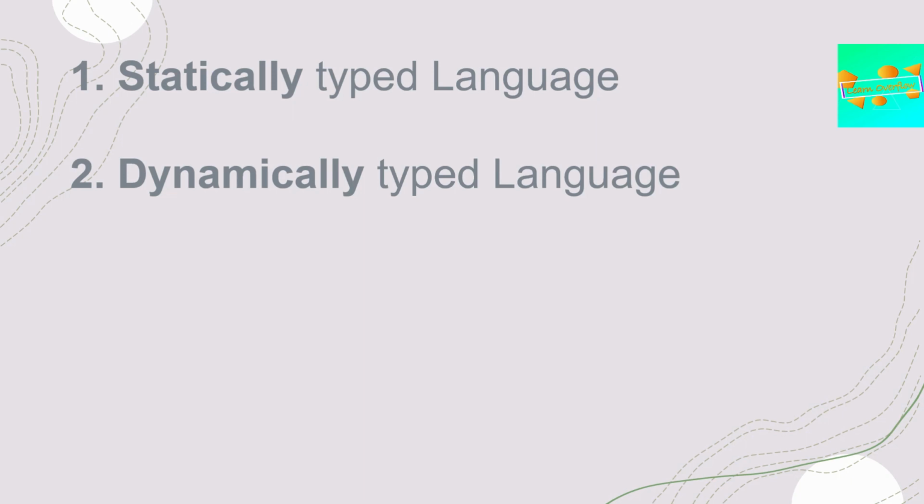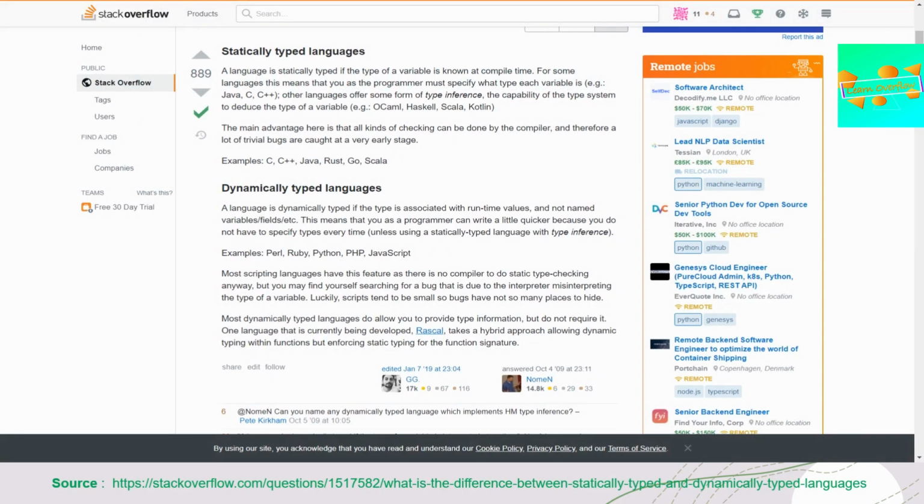All right. So dynamically typed languages are those in which variables need not be declared with a type before they are used. This implies that dynamically typed languages do not require explicit declaration of variables before they are used. If you want to read more about statically typed and dynamically typed languages, I'm sharing a few details from some answers on Stack Overflow.